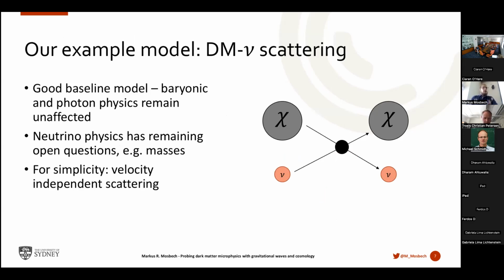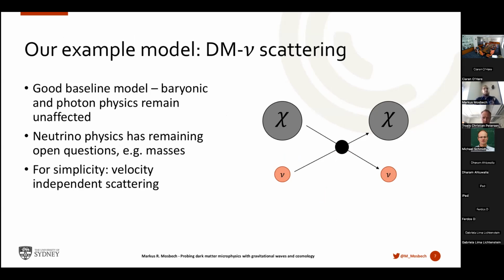So we are going to be focusing today on dark matter neutrino scattering. This is a good baseline model to look at, because we don't need to touch any baryonic or photon physics, as the neutrinos interact so weakly with everything else that it's not going to affect it.